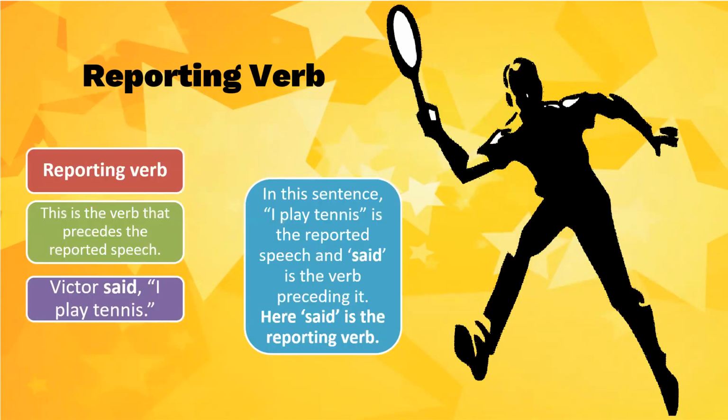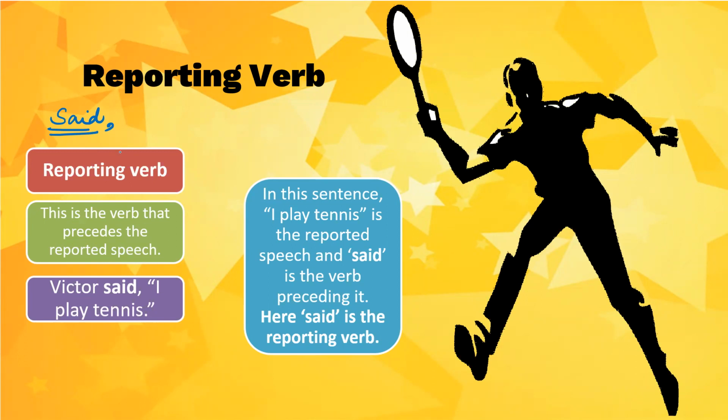Now, what is the story behind the reporting verb? Reporting verb, as I said, is this word which is commonly used in the direct speech. Said followed by a comma in the direct speech. So, this is the verb that precedes the reported speech.